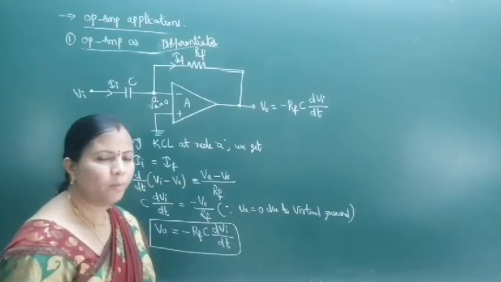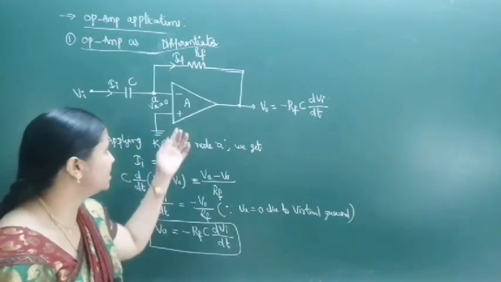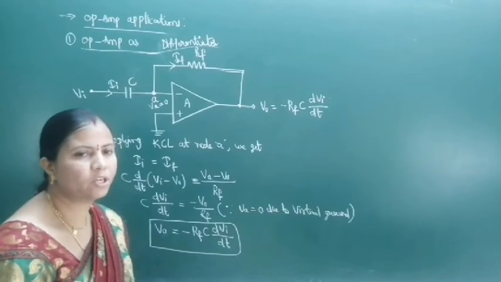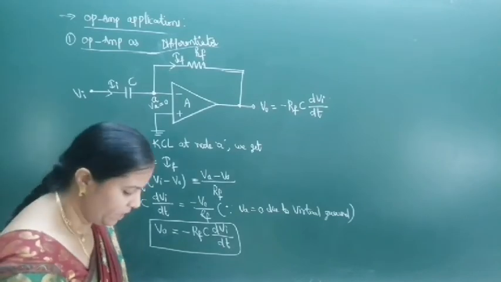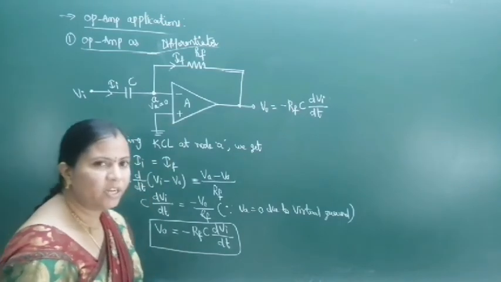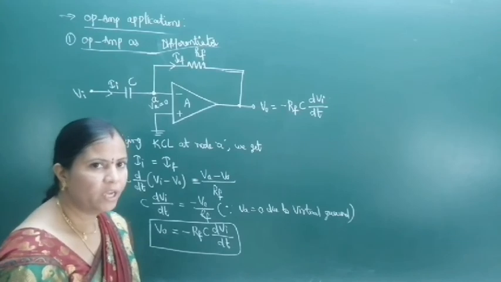Coming to the operational amplifier, the next application is the differentiator. This is the circuit diagram of the basic operational amplifier as a differentiator. A differentiator is a circuit which performs the differentiation operation of the input signal.